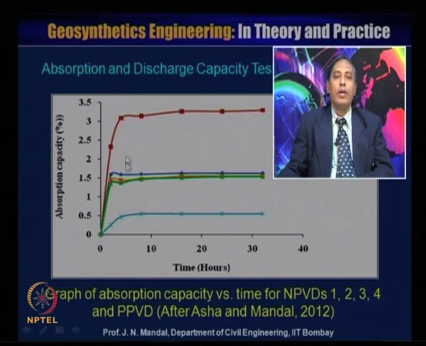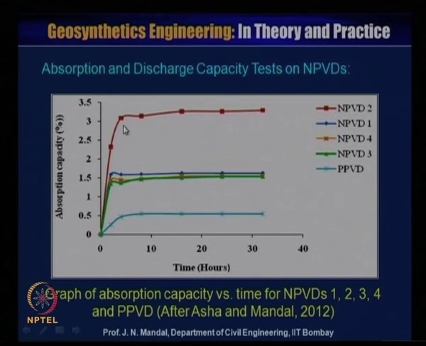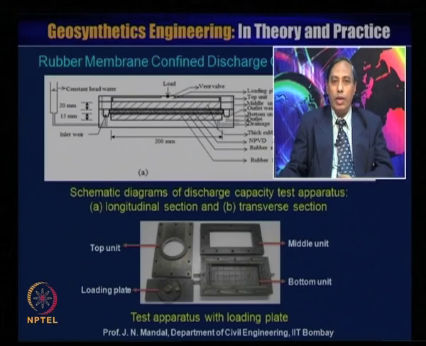Whereas in case of natural prefabricated vertical drain 2, you can see that the absorption capacity is very high in terms of percentage within a short time and then remains constant. And for the other cases 1, 3, 4, the water absorption capacity is almost constant with time. So, we can say the natural prefabricated vertical drain has a good absorption capacity.